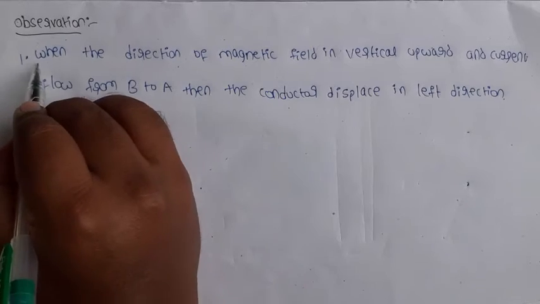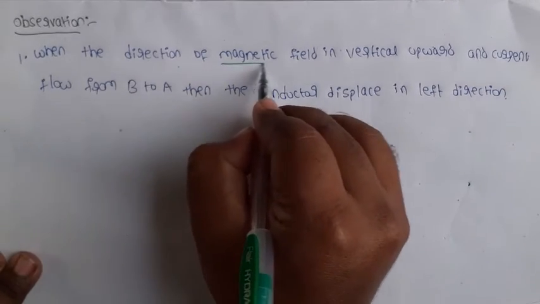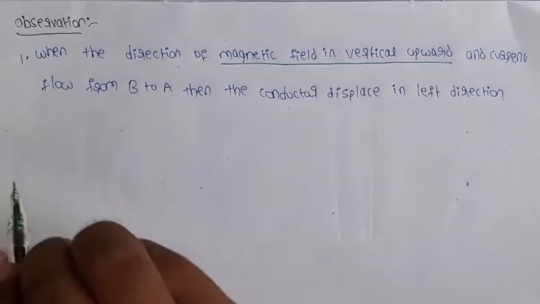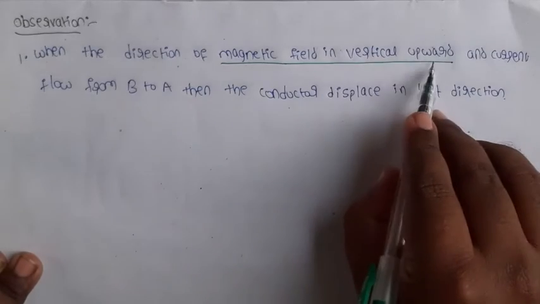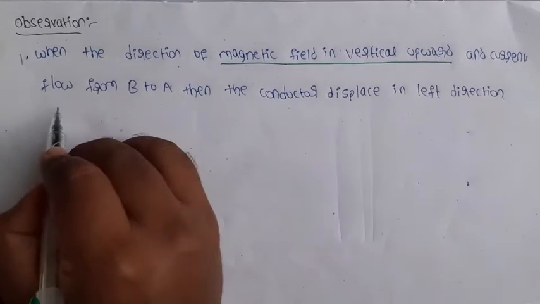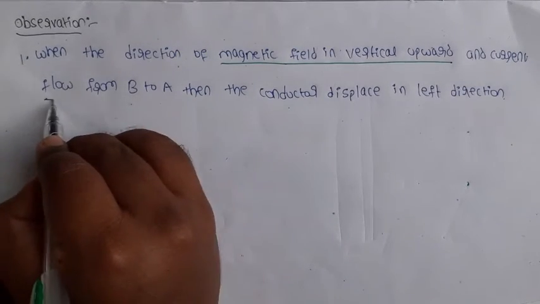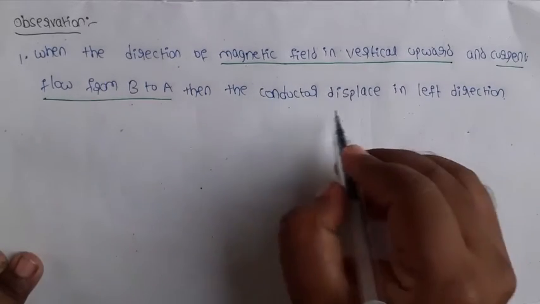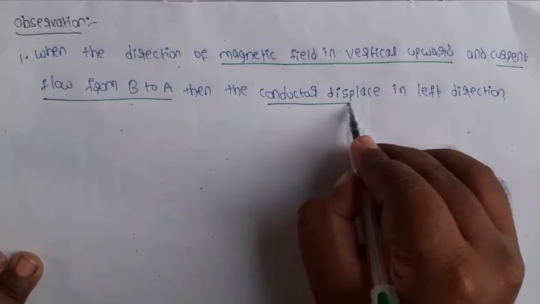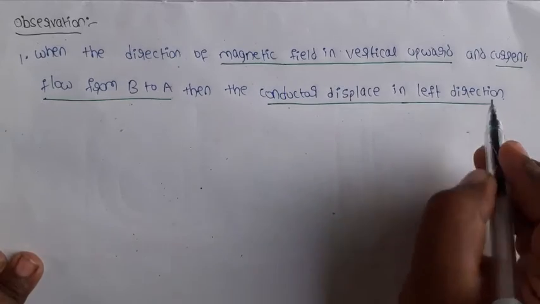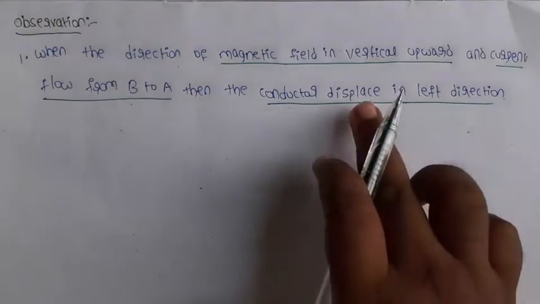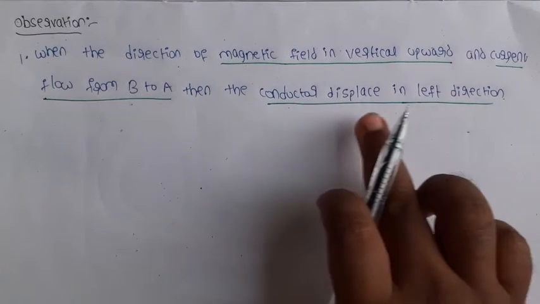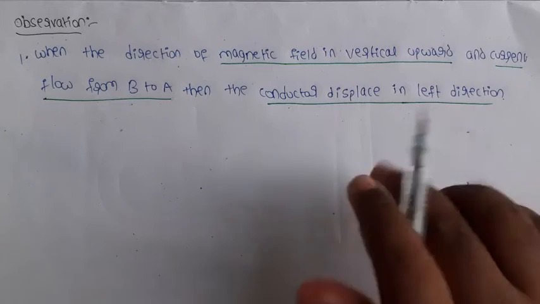Here what are the conditions? When the magnetic field is in the vertically upward direction, and current flows from B to A, then the conductor is displaced in the left direction.